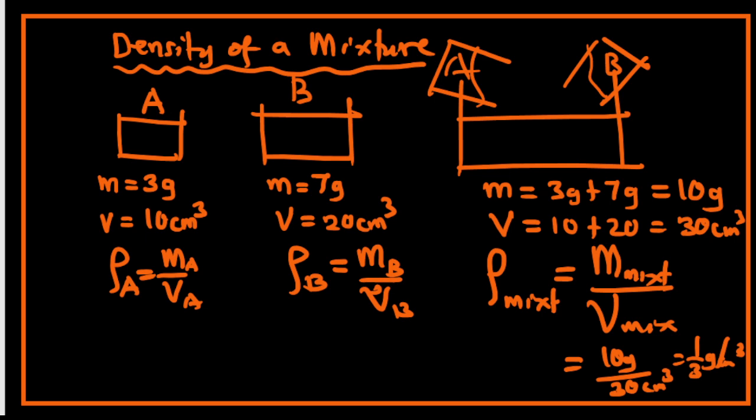So this is me talking about the density of a mixture. While you can add up masses of things that you mix together, and also volumes of things that you mix together, you cannot add up their densities. So you need to get their densities separately, saying density of the mixture is mass of the mixture divided by the volume of the mixture.